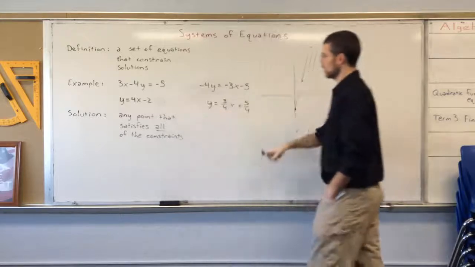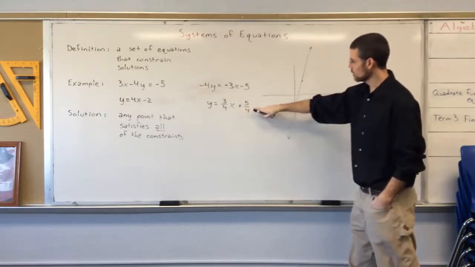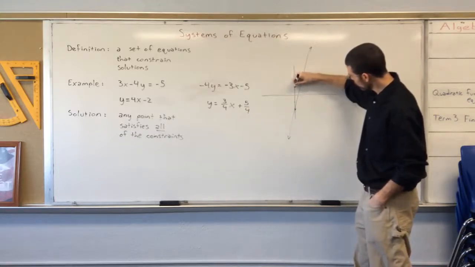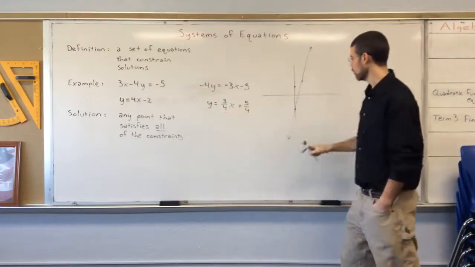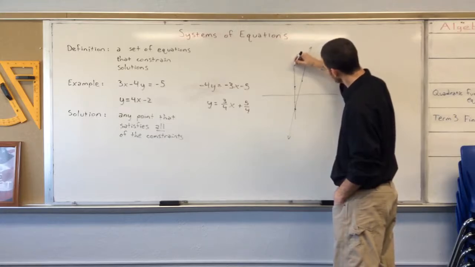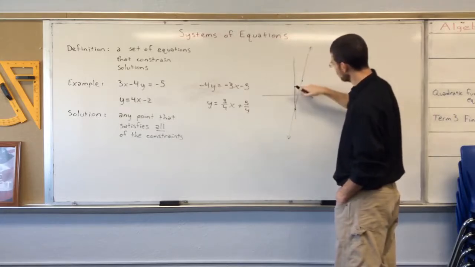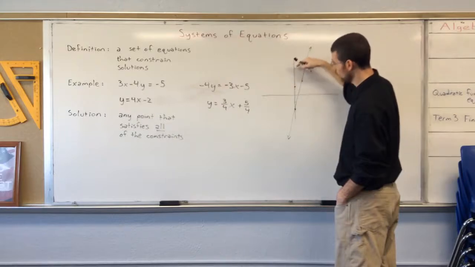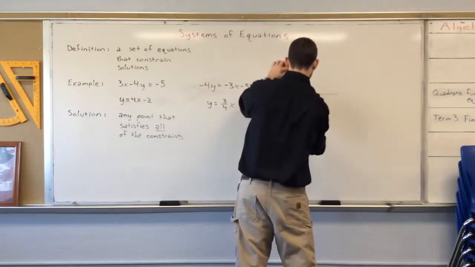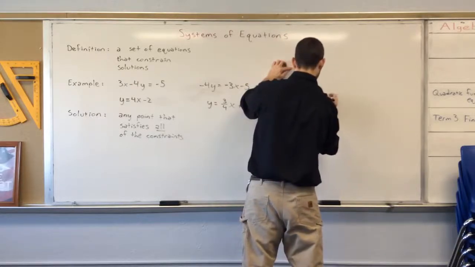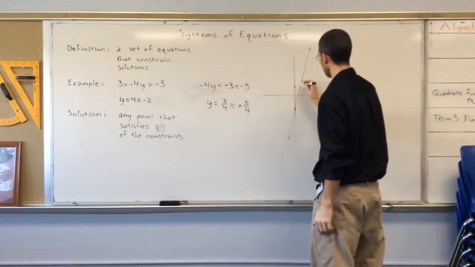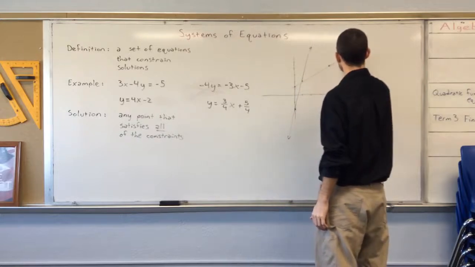That's this line, and then the other line crosses the y-axis at 5/4, which is 1 1/4, so that's maybe about here. The slope is 3/4, so it goes up one, two, three, for every 4 to the right. So that'll put a point over here, and we can connect those dots like this.